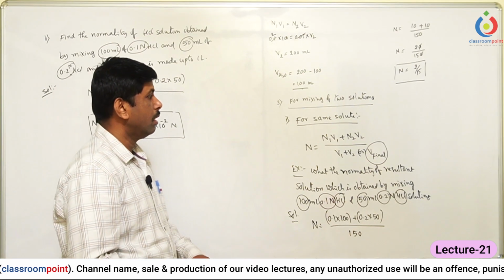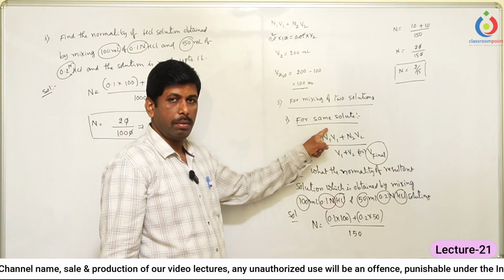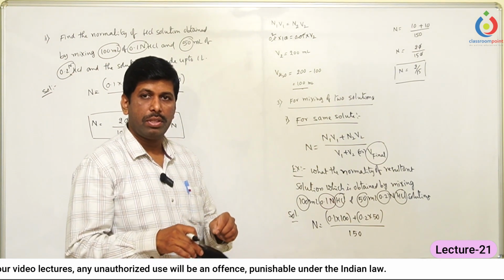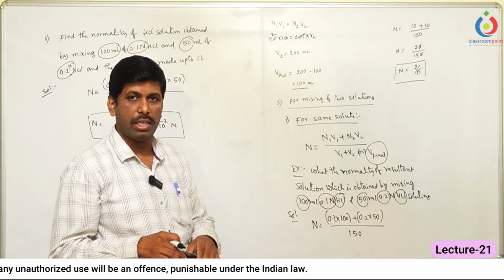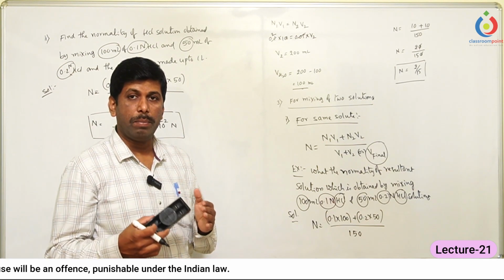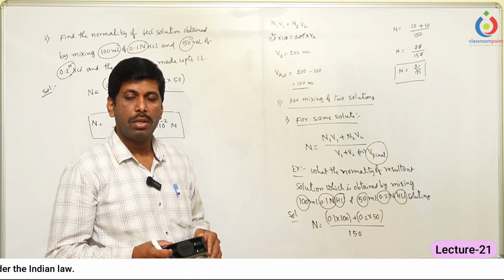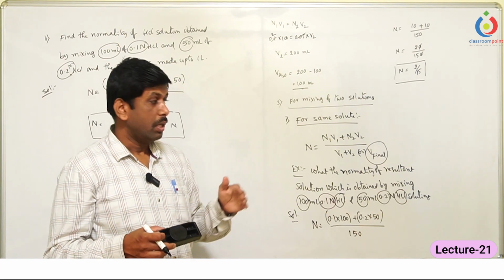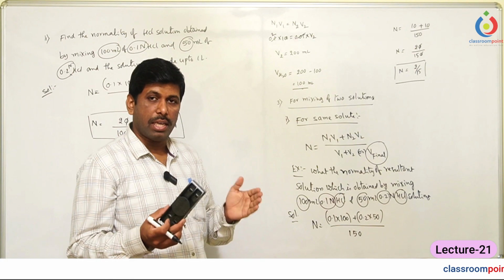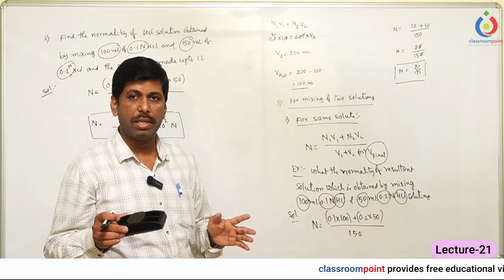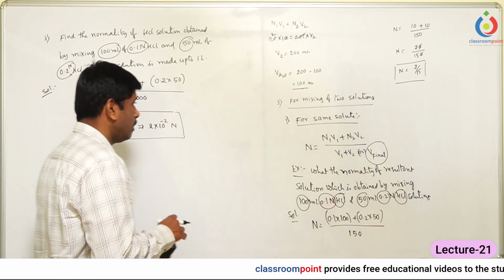Now let us see, if the solutes are not simply mixed, but are able to react with each other, that is acid-base reactions. If complete neutralization takes place, then we can use N1V1 equals N2V2. But if the acid and base react with each other and complete neutralization is not taking place, then the formula is different.